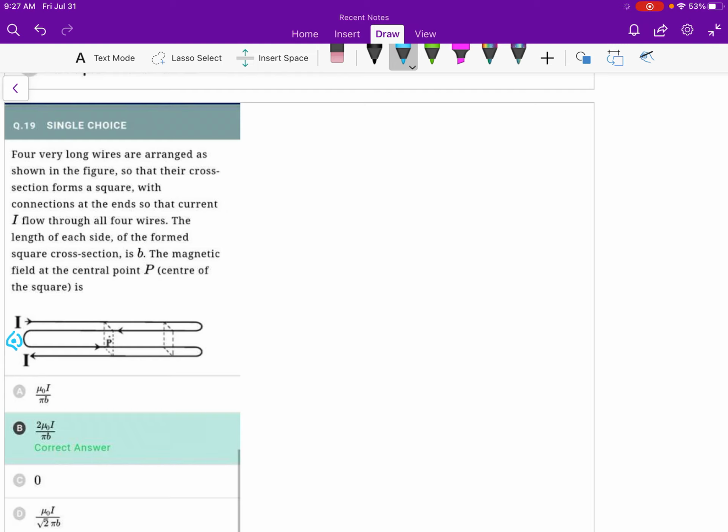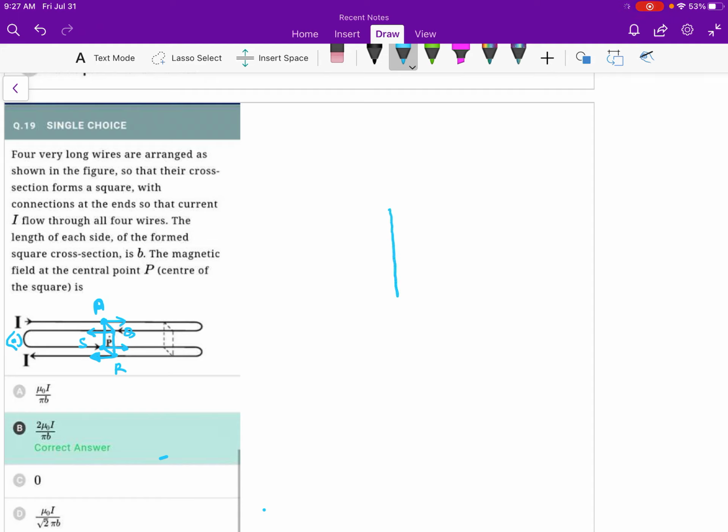This is the square. At point P, current is going inside. At point Q, current is coming out. At point R, current is coming out, and at point S, current is going in.